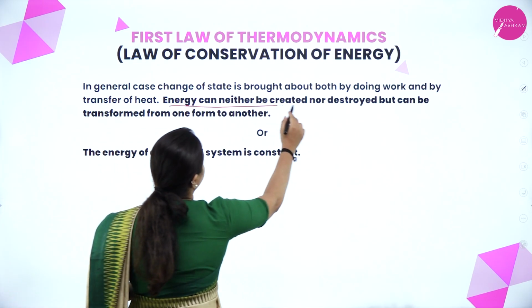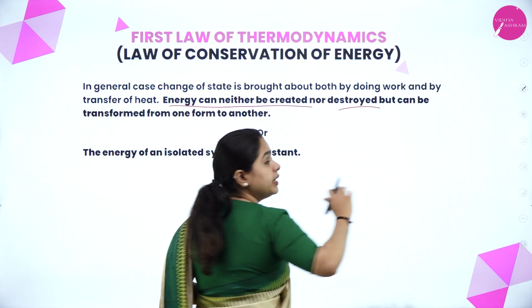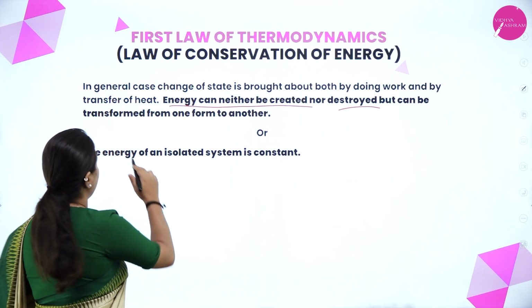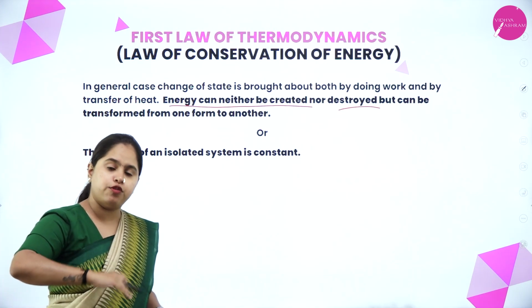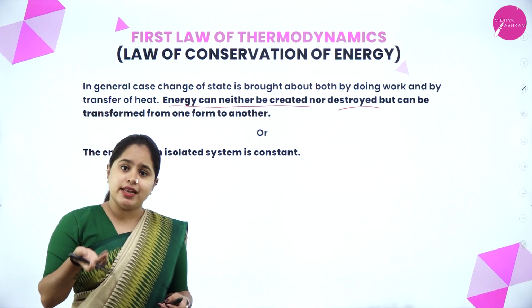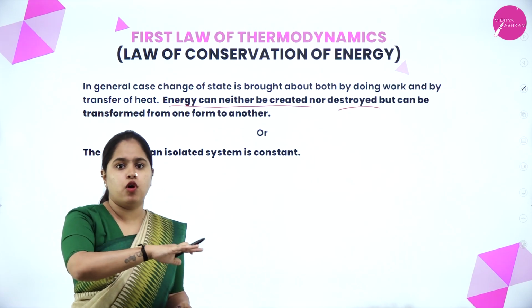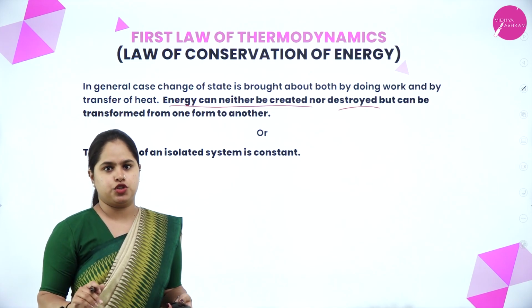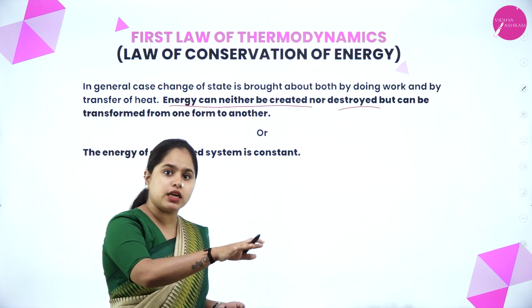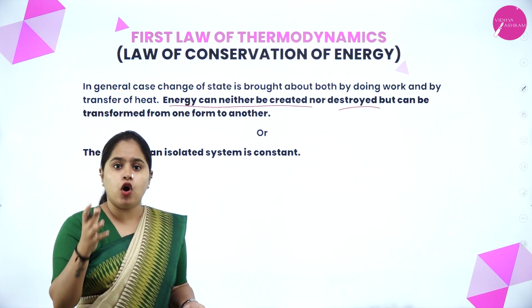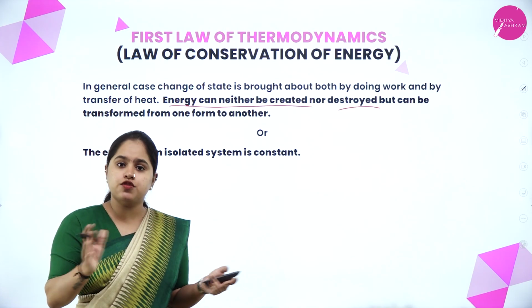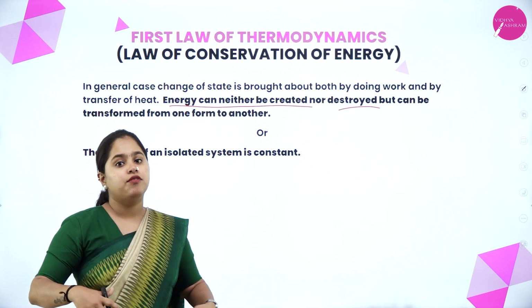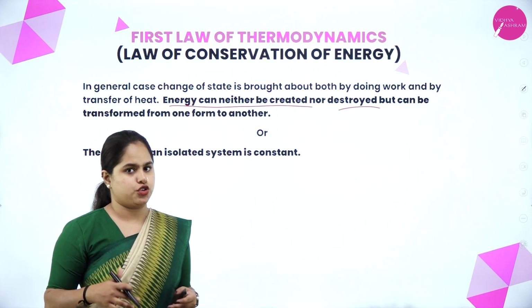Energy can neither be created nor be destroyed, okay? But can be transformed from one form to another, right? So the energy can get transformed from one form to another form, but it can't be created nor be destroyed, okay? We can convert electrical energy into mechanical energy. All those energies can be transformed between each other, but we can't create an energy or destroy an energy.